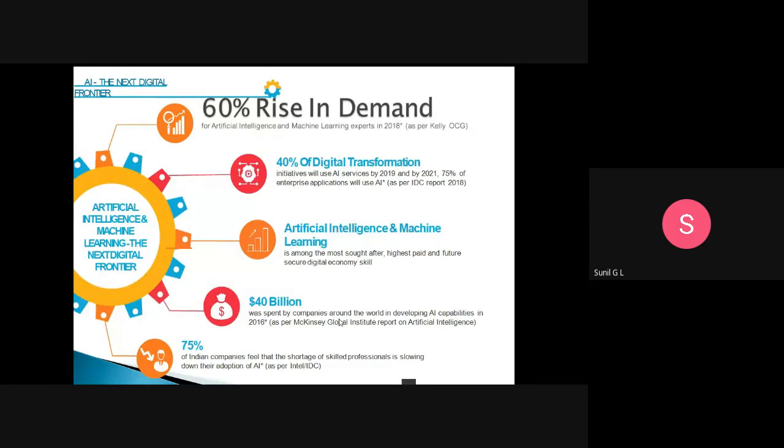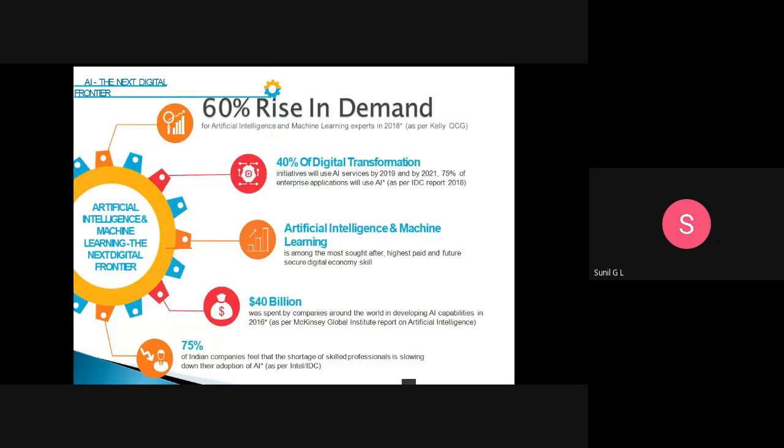And 40 billion was spent by companies around the world developing AI capabilities in 2016. Companies are spending 40 billion worldwide on developing artificial intelligence capabilities for their techies or employees.